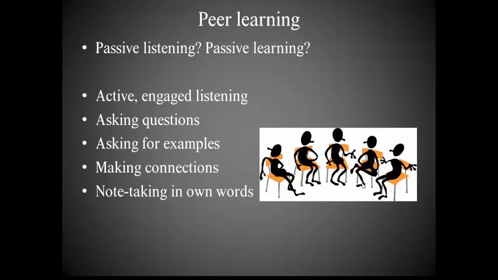And also in the jigsaw, we want to see students taking notes in their own words. It's a bad habit, sort of a crutch, that students may want to write down every word that their classmate says. I've walked around a classroom and I've had students tell their peer, the peer teacher, repeat that or give that to me again.